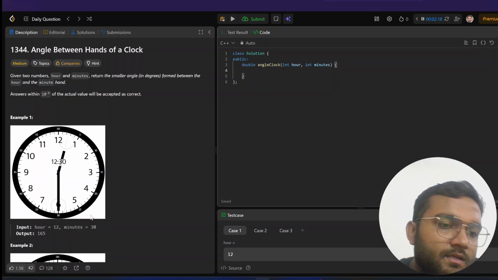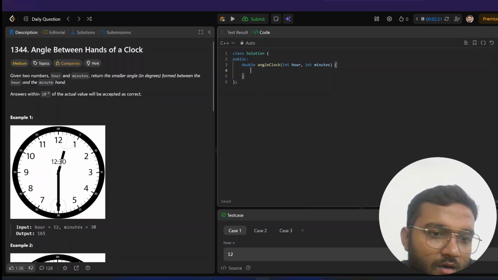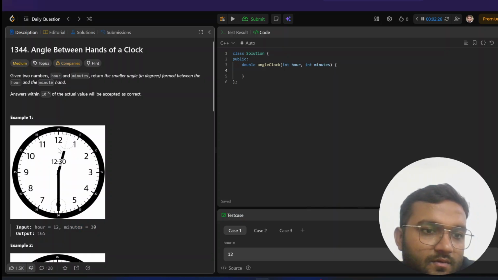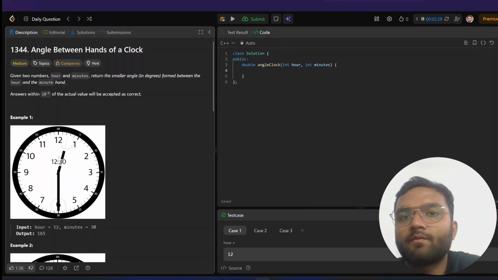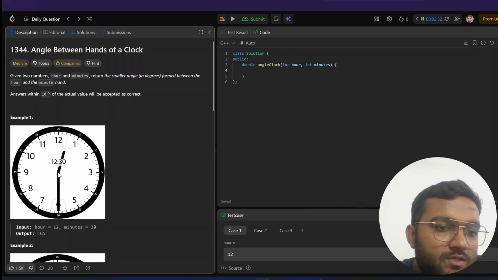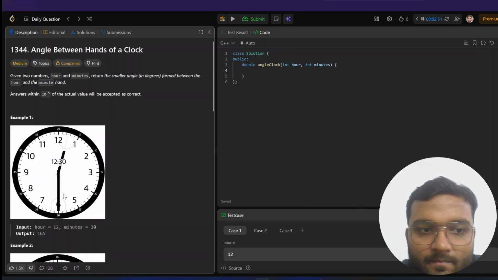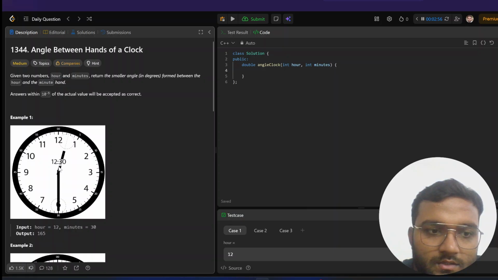Can I just do it like this? Suppose we calculate the minute hand's angle first from 12. When it is 12 o'clock, the minute hand is at 12, and when the minute hand comes to 30, the total angle it covered will be 180 degrees.